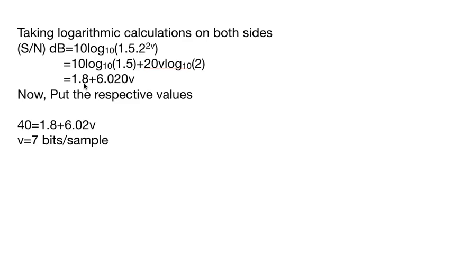It varies according to the signal. If your signal is a sinusoidal signal, then your SNR will be 1.8 plus 6.02V dB. According to that, it will be 7 bits. However, accidentally, if you put the earlier formula, you will get number of bits equal to 6, which will make your answer completely wrong. So be very careful in reading the questions.